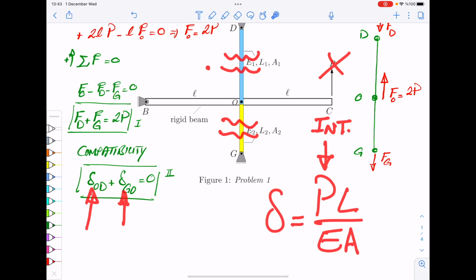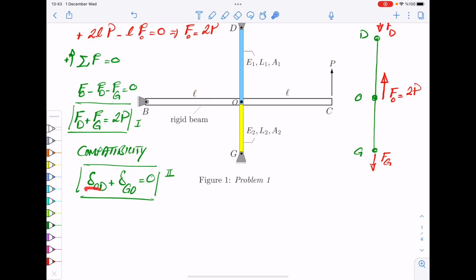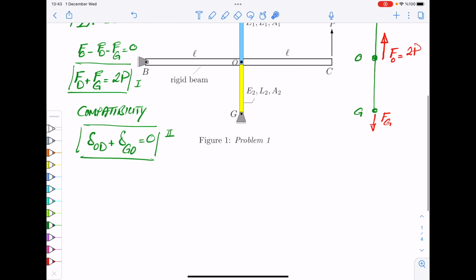Now, in this member, that corresponding internal force is minus FD, because it's under compression. You can actually see it here. And in this member, that internal force is plus FG. Okay, that's all you have to do, which makes perfect sense here. It's not very surprising; we expected these two to have different signs.